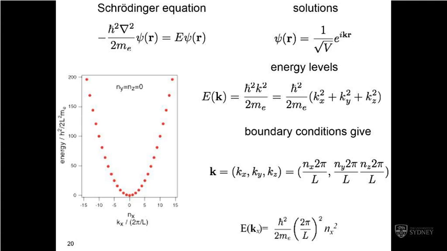What we've done here is just plotted in one dimension. n y and n z are 0, so we are not considering those. We're just plotting this function for various values of n x. So this is n along here, given by this expression, and there's the resulting energy.